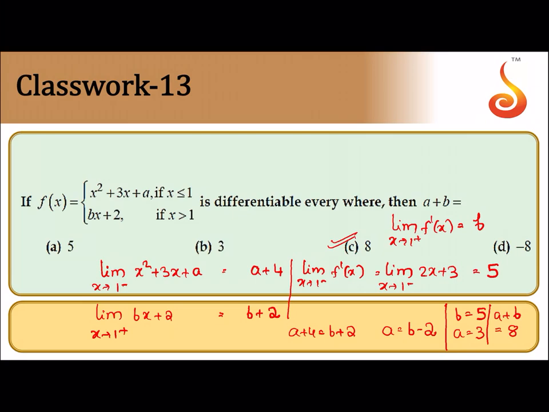Option C. Simple differentiation. First we check the continuity. Function is continuous. Function is differentiable. And we get a, b values.